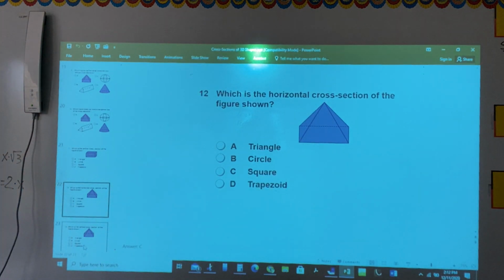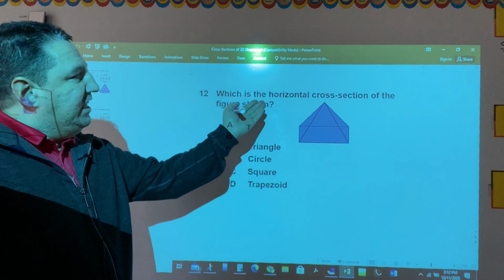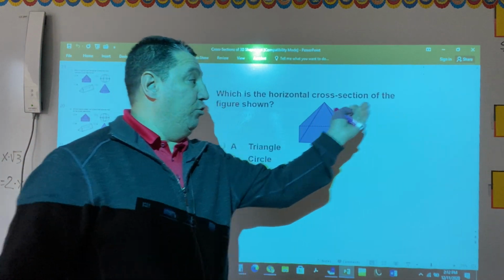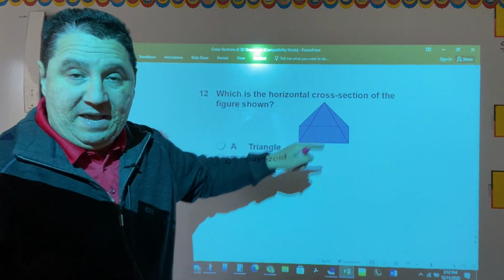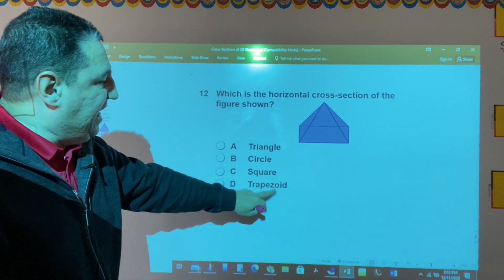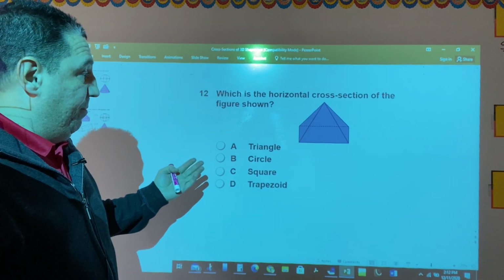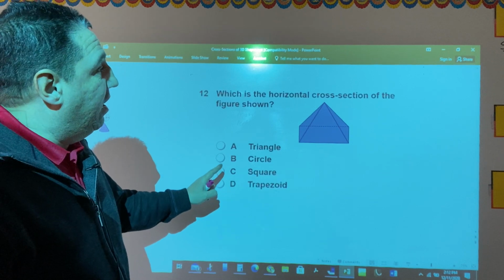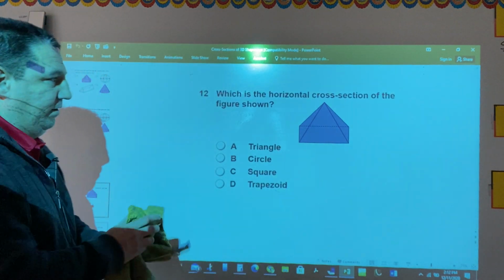Another example. Which is the horizontal cross section of the figure shown? Now, horizontal cross section means cutting horizontally, parallel to the base. In this case, the cross section would be a square.